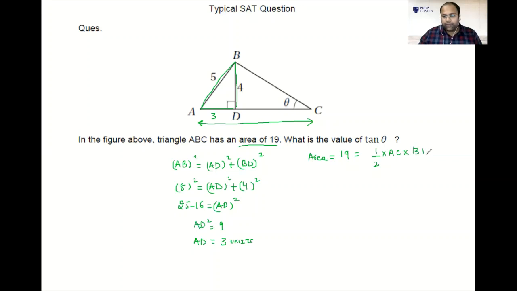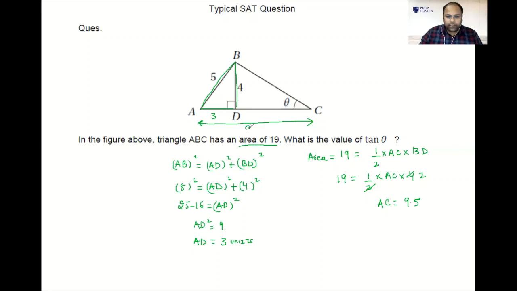So 19 is equal to half into AC, which is unknown, into BD, which is 4. So 2 2s are 4, and AC is 19 over 2, which is 9.5. So you got the value of AC.